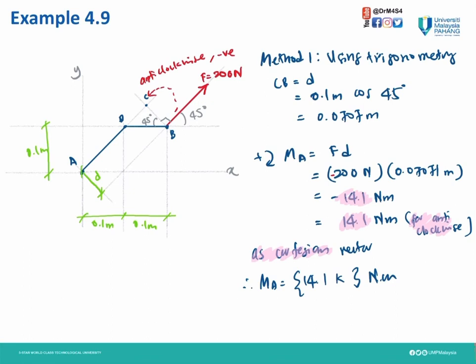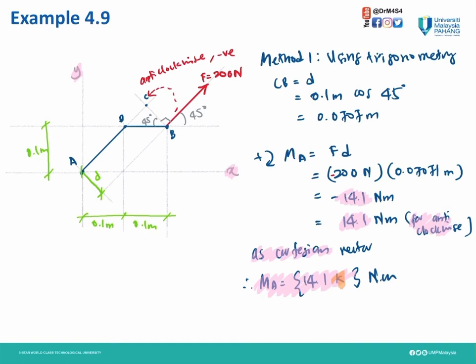So when we write it as Cartesian vector, MA is 14.1 k Newton meter. It's because our X is i, our Y is j, and it will result as k. That's why our answer in Cartesian vector is 14.1 k Newton meter. That's the first method.